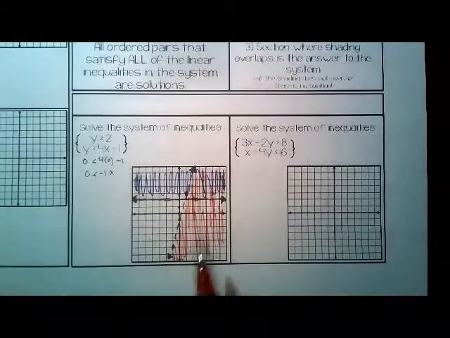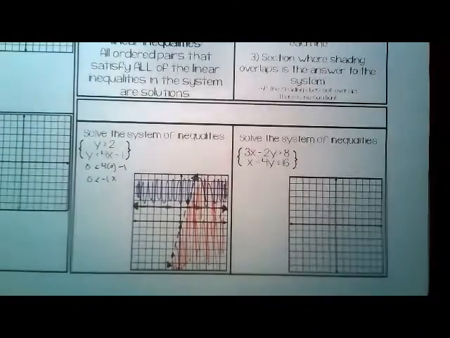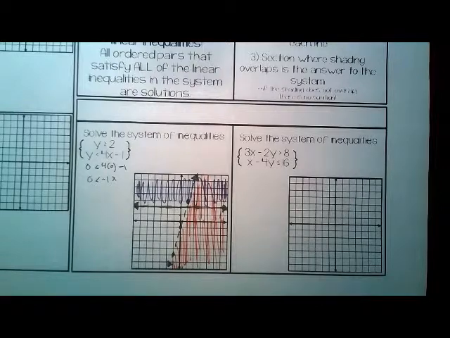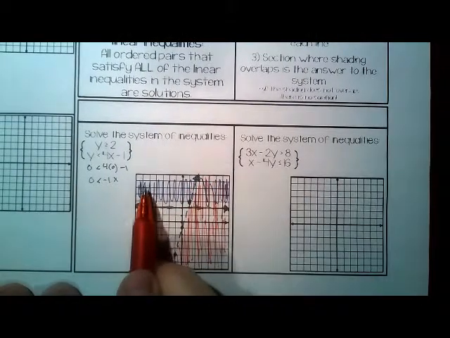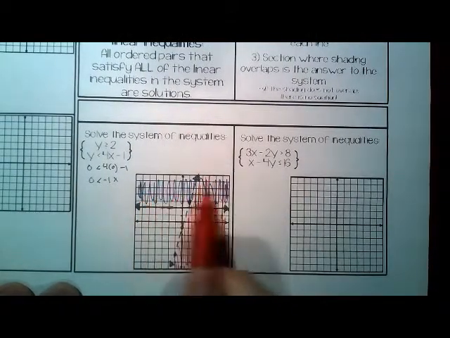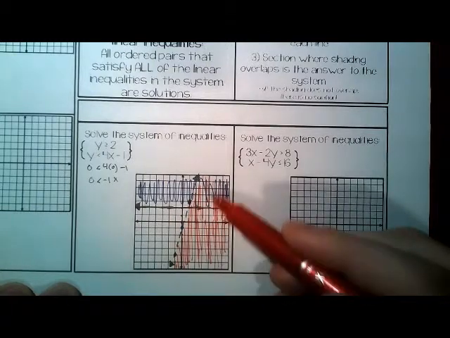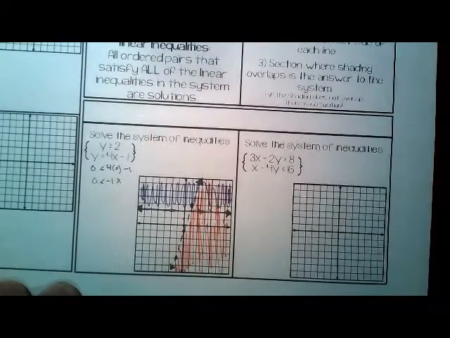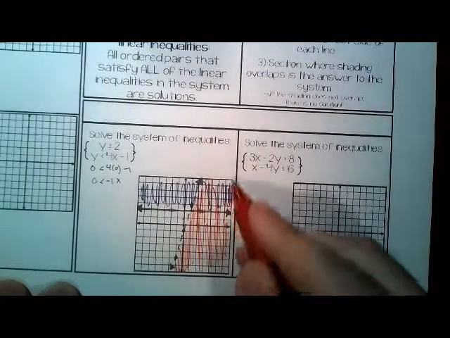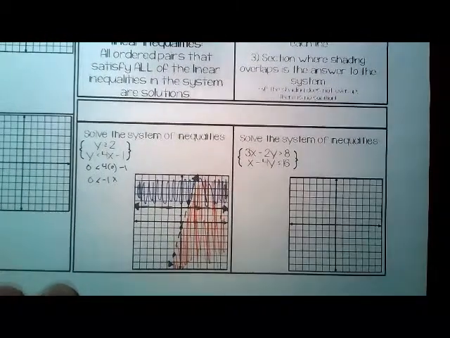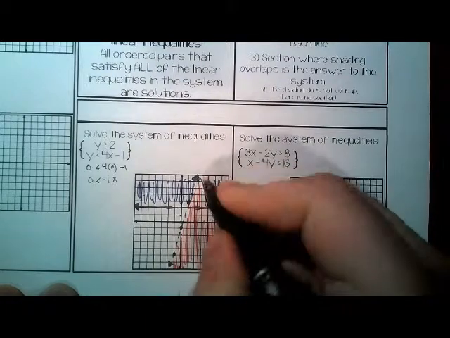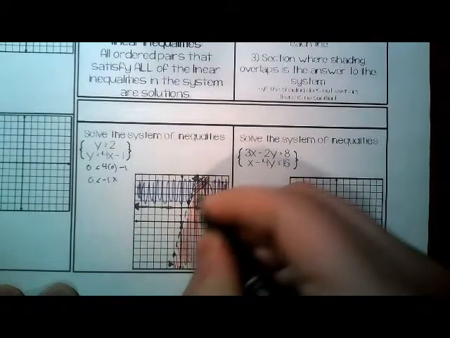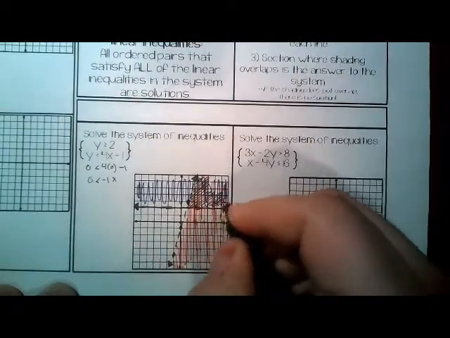Now the solution is the area that they cross. Where is it true for both? Right? It's true up here for the first one and over here for the second one. So what section do they have in common? And that's this section here. Okay? So what I want to do is really shade that in so I know and everyone knows that this is the solution.